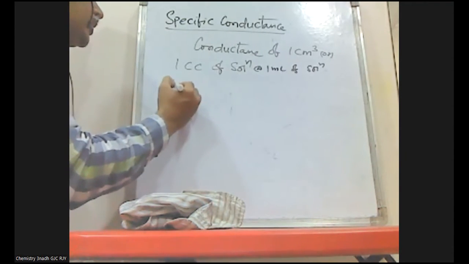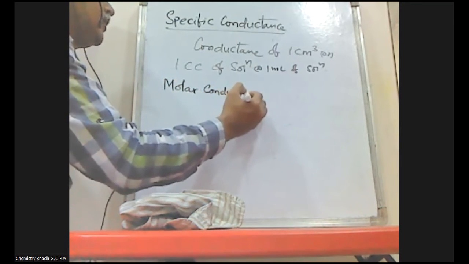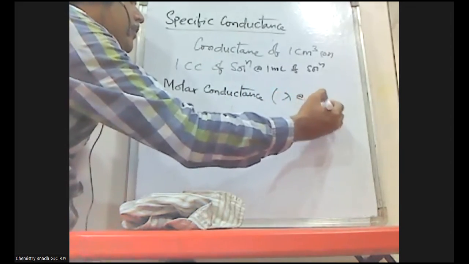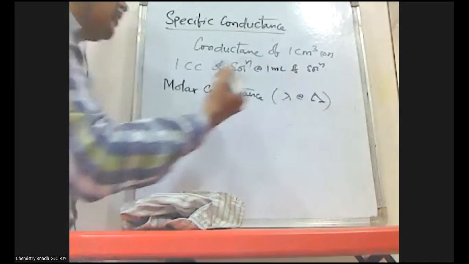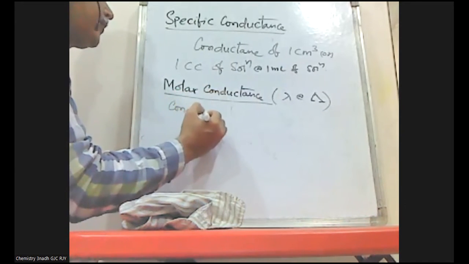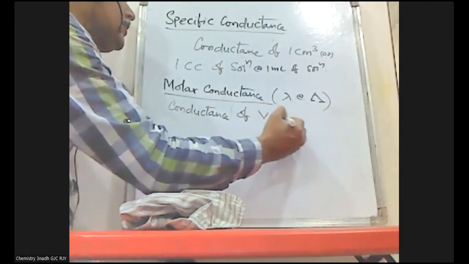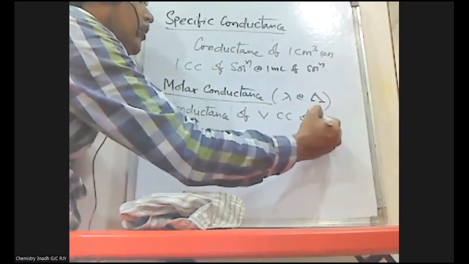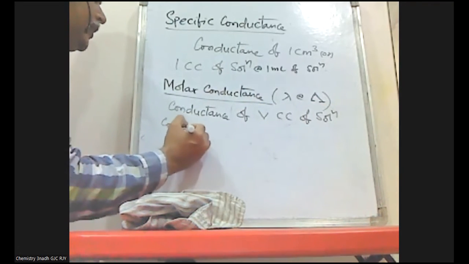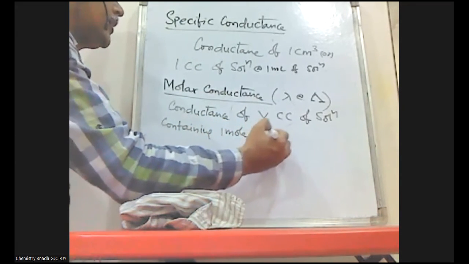Then we have another term, molar conductance, which is denoted by lambda. Molar conductance is the conductance of V cc of solution containing 1 mole of electrolyte.